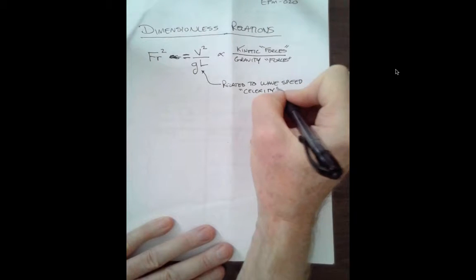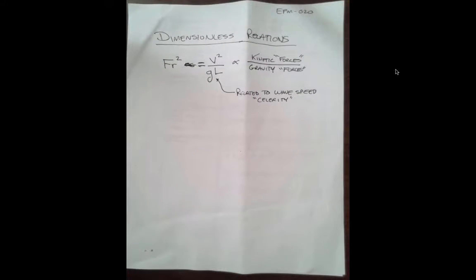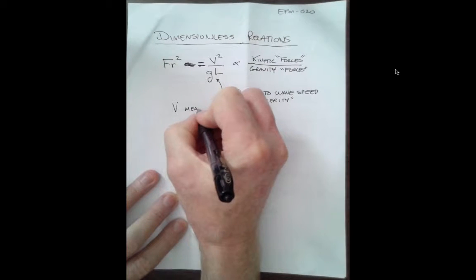In later classes, when you do detailed studies of open channel flow, a lot of these terms will become more explained to you. Velocity is the mean section velocity.